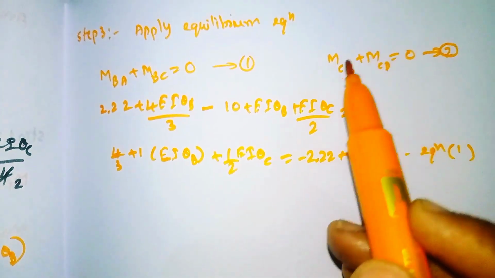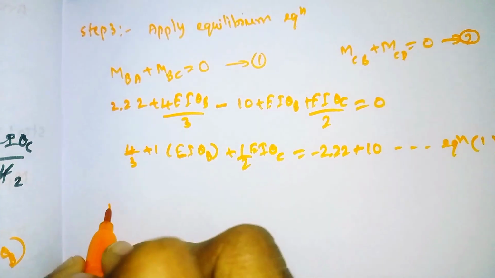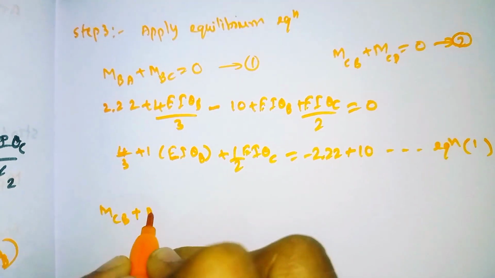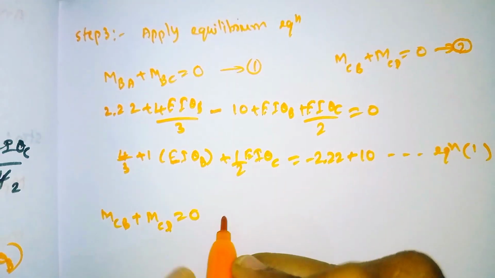Now similarly we'll go for the second condition. MCB plus MCD is equal to 0.